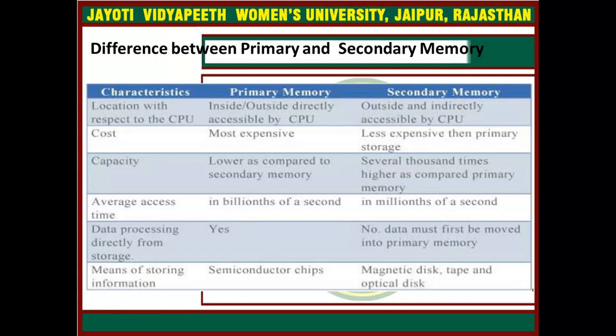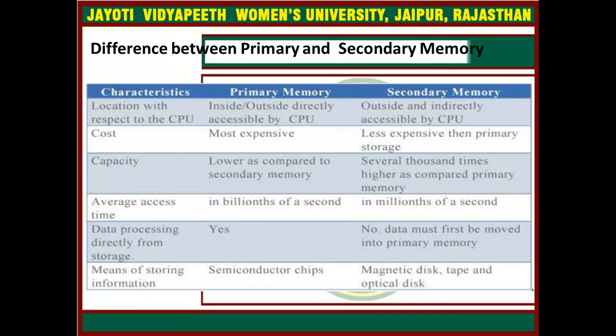In capacity, it is lower as compared to secondary memory, whereas secondary memory is several thousand times higher as compared to primary memory. Now the average access time is in billionths of a second in primary memory or millionths of a second in the secondary memory.